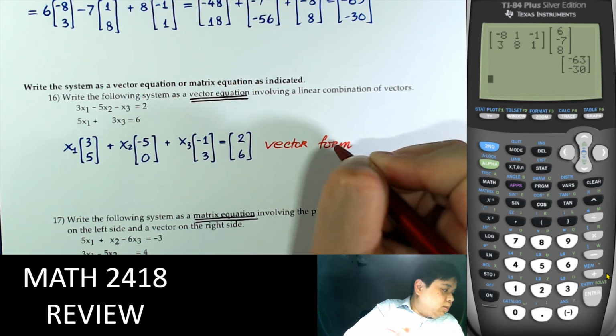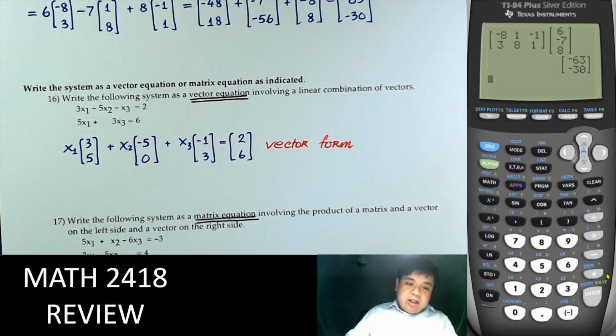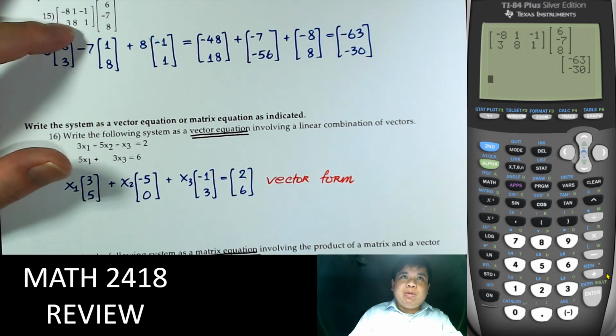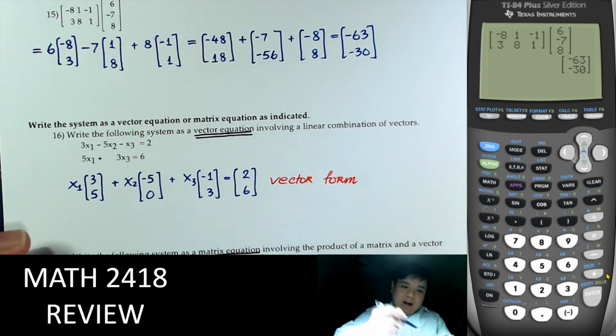Next, if we want to put this in the matrix form, remember what we did earlier. So x1, x2, x3 is going to be a column.